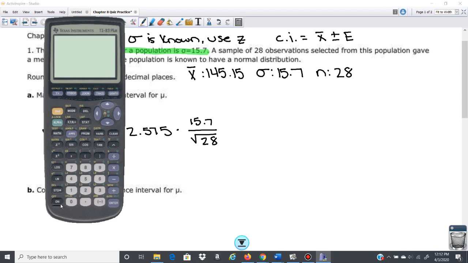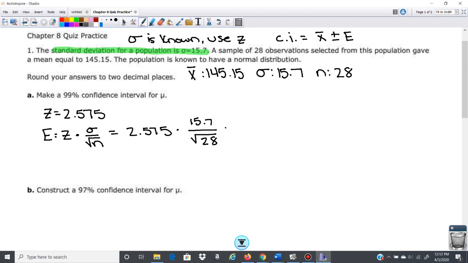So I'm going to go 2.575 times, and then in parentheses, 15.7 divided by the square root of 28. I'm going to close the square root, and then close that right there. So that's going to give me a margin of error of 7.64.